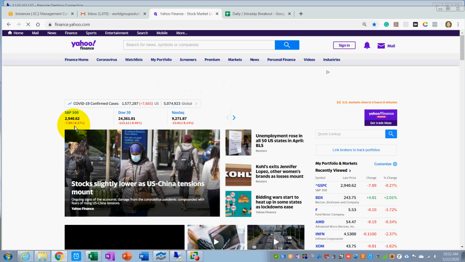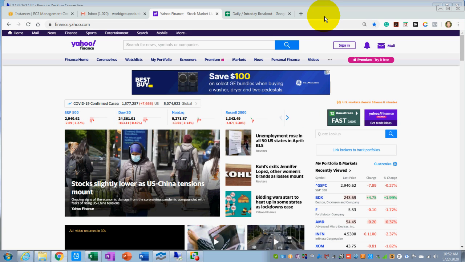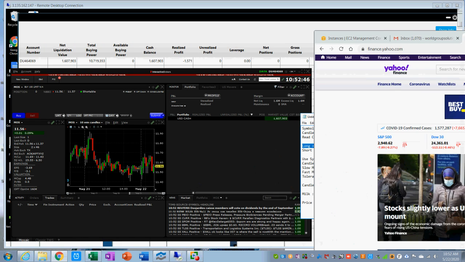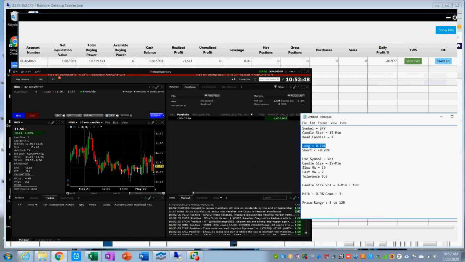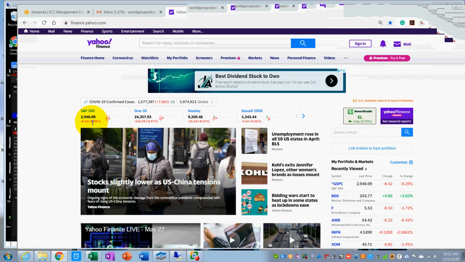Yeah, right now, currently the market is negative, minus 0.27%. So I think we are in good shape to start the algorithm and see something happening, because we have mentioned go long if it is over 0.10% and go short if it is below minus 20%. So as you can see, the S&P is at minus 29%.